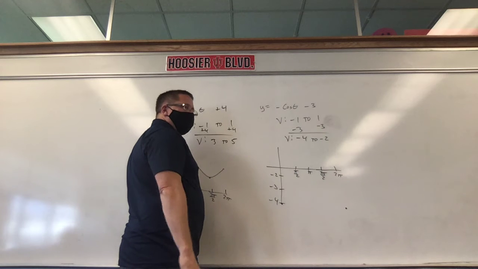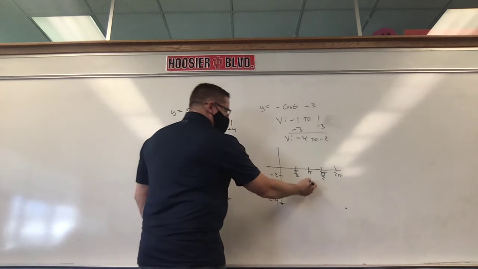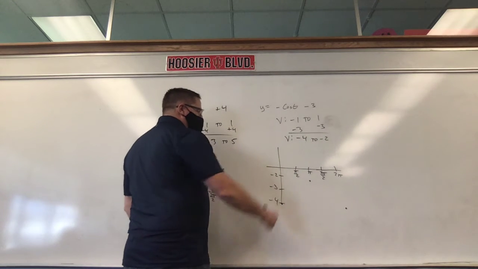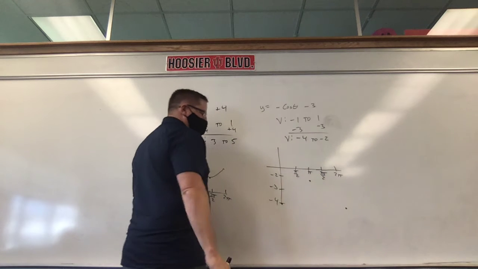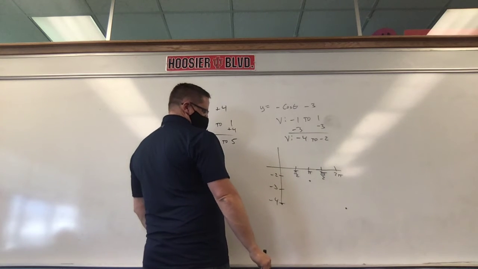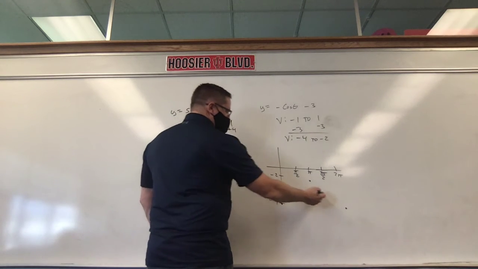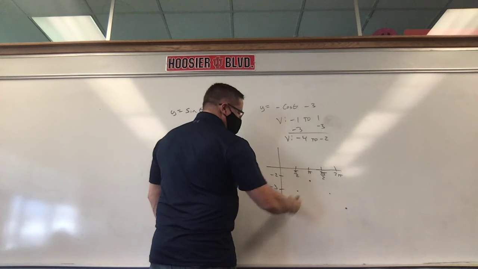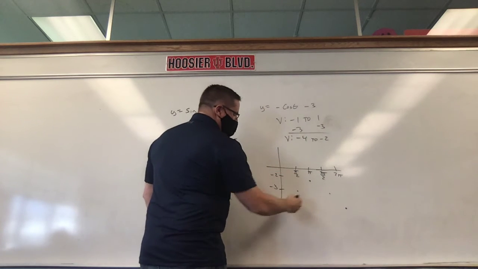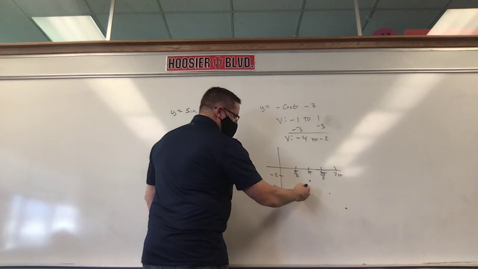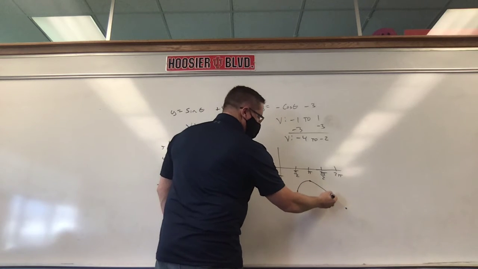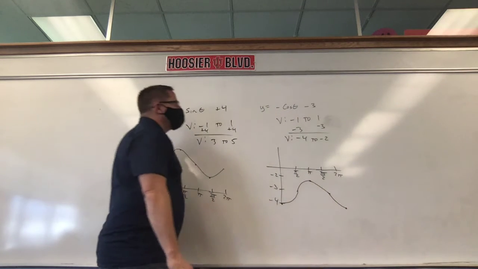What's the highest this thing ever gets to? -2. And where are we going to be at pi over 2 and 3 pi over 2? -3 in the middle. And again, it's really tempting to make it a V or even make it a parabola. It's not. It should go like this, and the opposite way, this, and the opposite way.